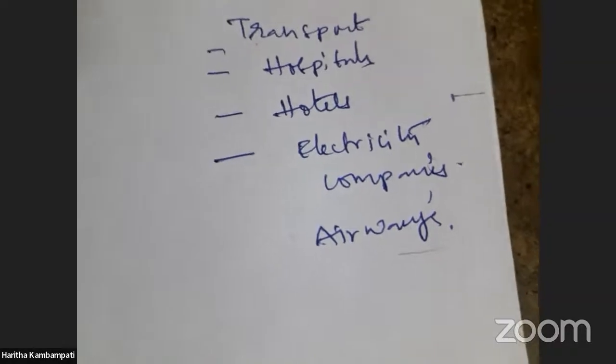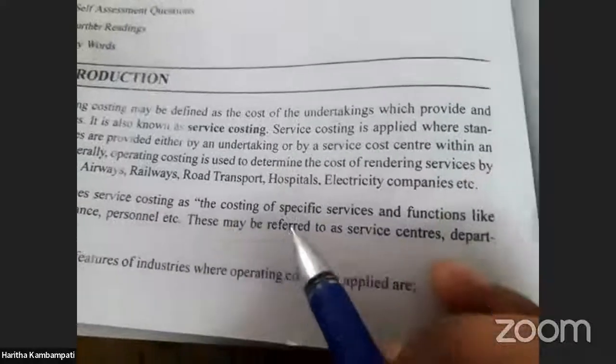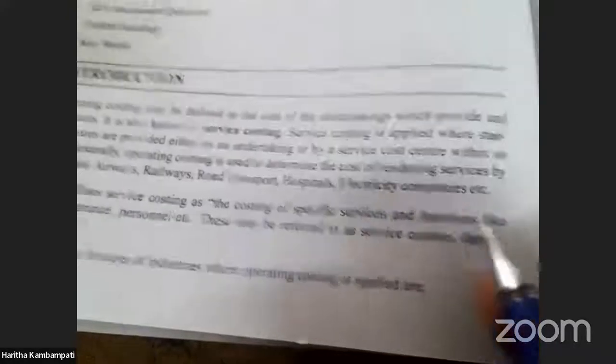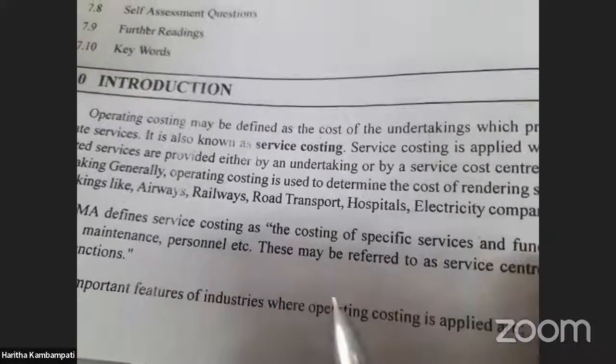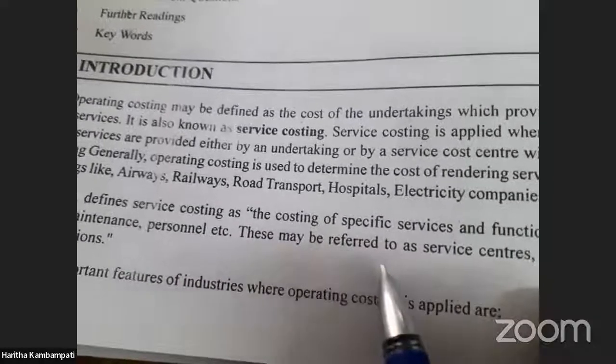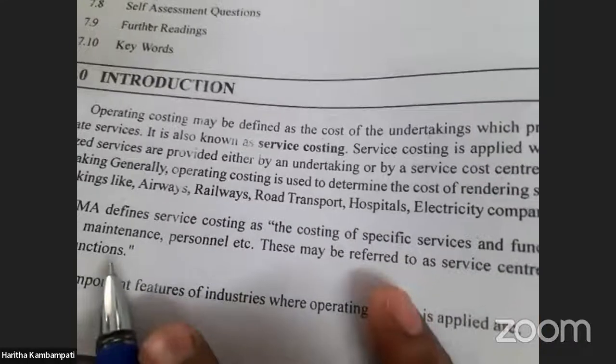According to CIMA, I will show the book. The service costing is the costing of specific services and functions like canteens, maintenance, personnel, etc. This may be referred to as service centers, departments, or functions.